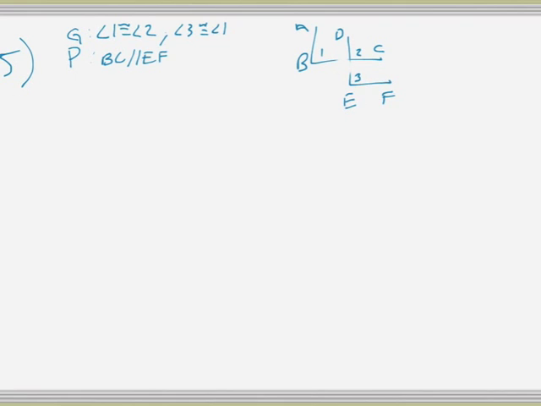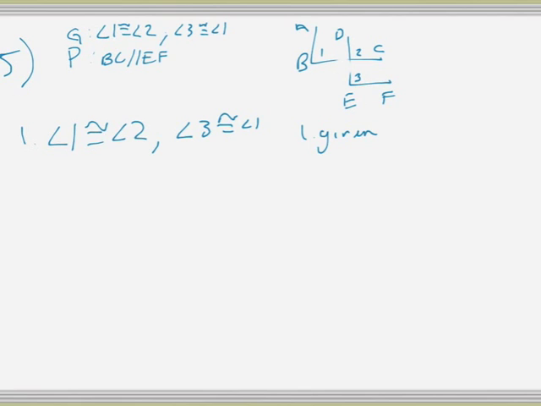So in a proof, a good place to start is the given. So we're going to start there. Angle 1 congruent to angle 2, and angle 3 congruent to angle 1. And that is given. I like to mark my pictures up when I know stuff.